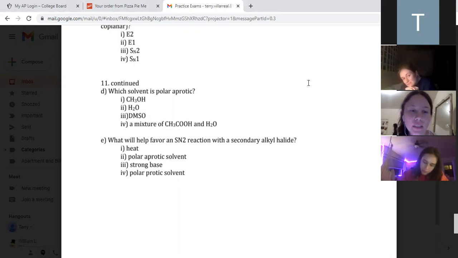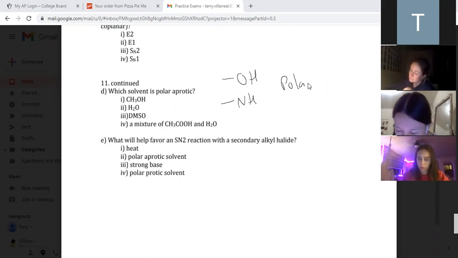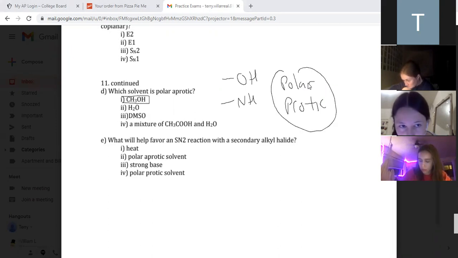Yep. So this is how you guys tell if it is polar protic or polar aprotic. If your solvent has an OH or an NH, it is polar protic. OH, protic.